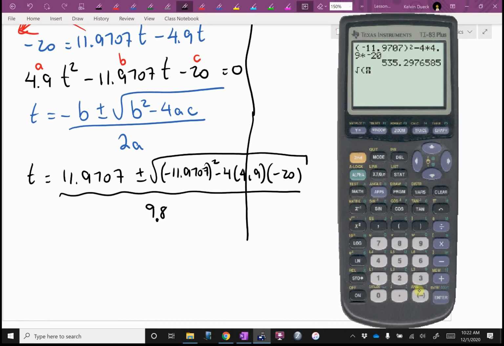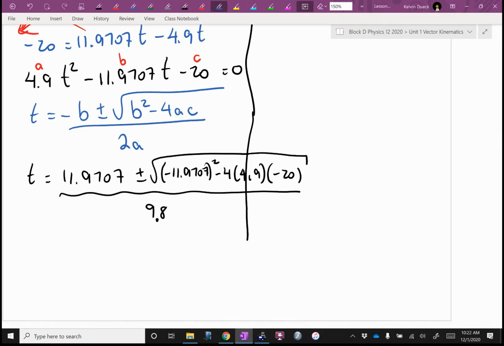Square root of that. I'll go 23.1365. I think that's what the square root worked out to. I could have tried leaving this inside the square root, but I saw all those decimals. I'm going to be rounding off here no matter what. So I figured, okay, I'll do the square root now. So I got 23.1365.